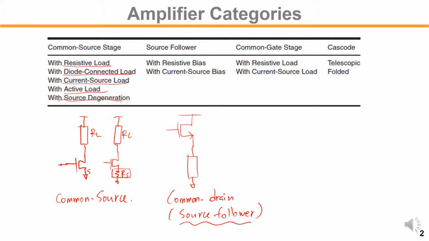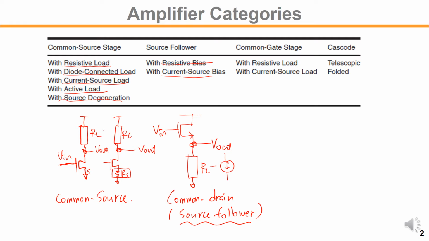So we have a load RL, the output and the input. In this case, a load can be either a resistor or a current source.